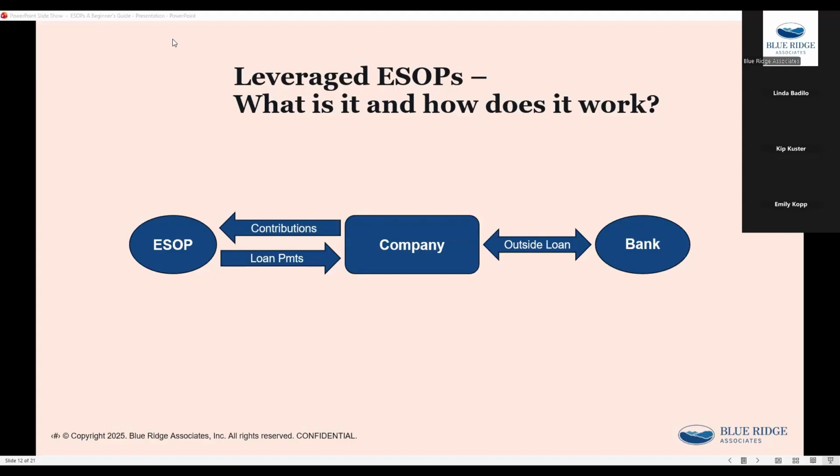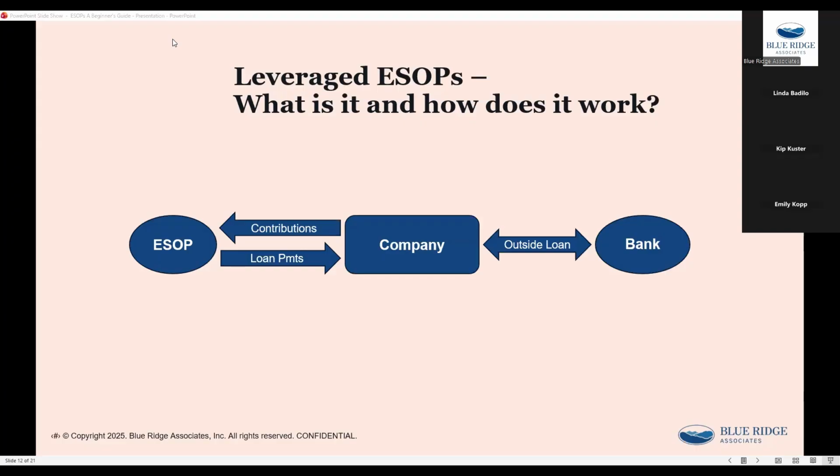So the company will make a cash contribution to the ESOP. That cash contribution is allocated to participants and used to release shares from a suspense account. So that stock that's leveraged is not yet in the participants' accounts. It's in the ESOP, it's in the trust, but it's not in participant accounts yet.